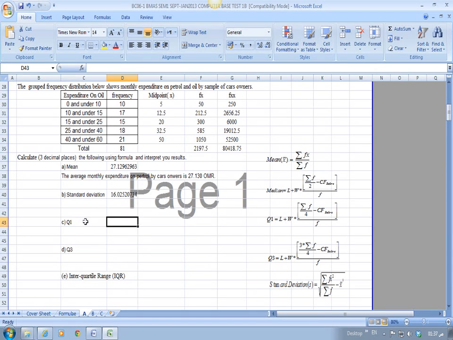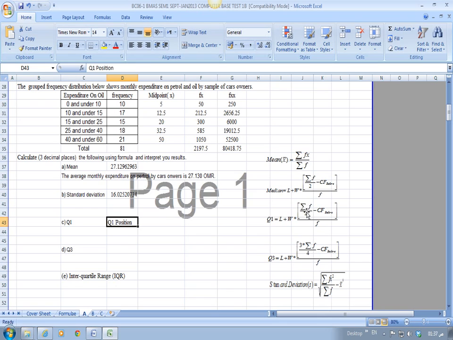The next one is to calculate Q1. First we need the Q1 position. Before that, if you see the formula, Q1 position is the place of the first quarter, and Q3 position is the place of the third quarter.